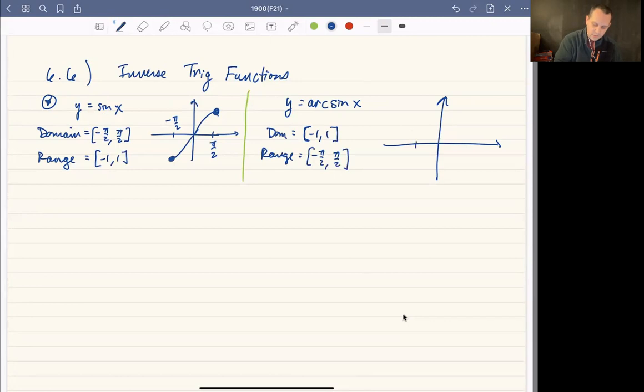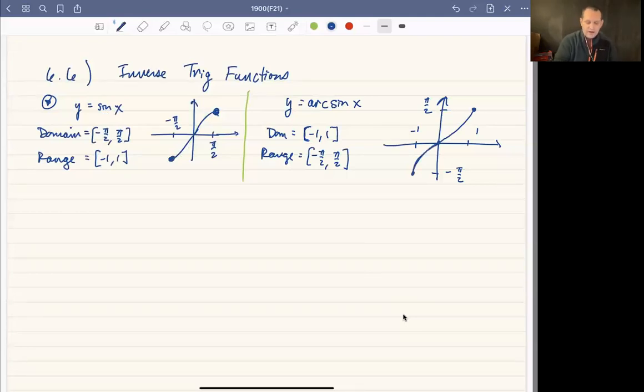It's going to look something like that. It's going to be concave down from negative 1 to 0, and then concave up from 0 to 1. And that's arcsine.